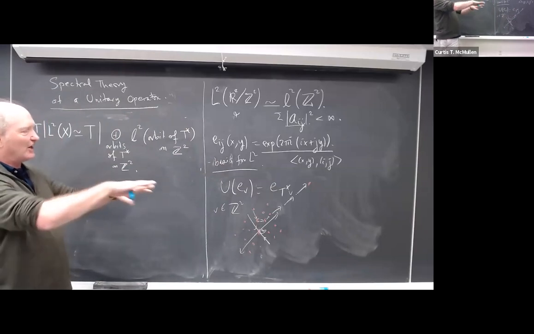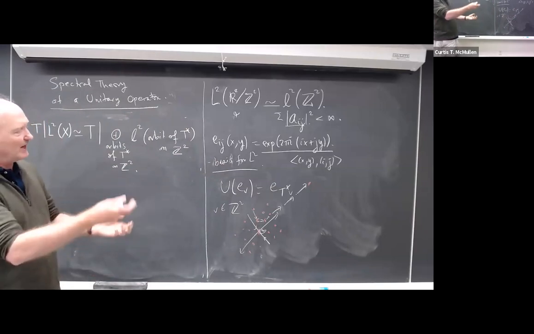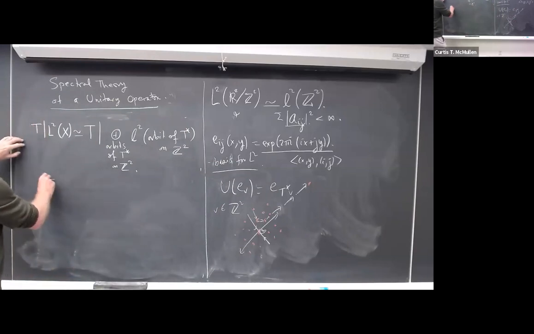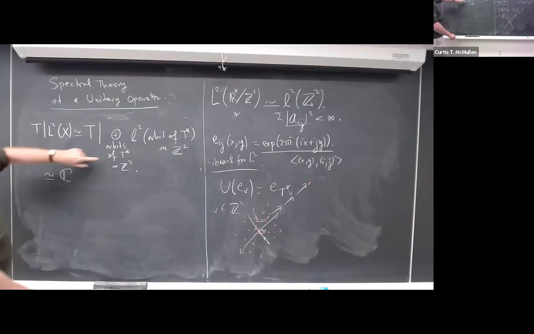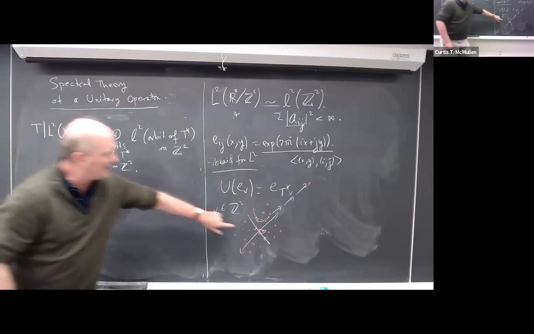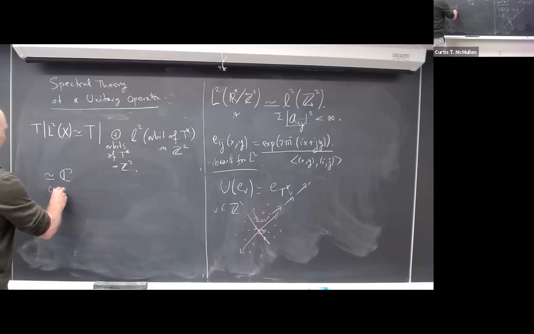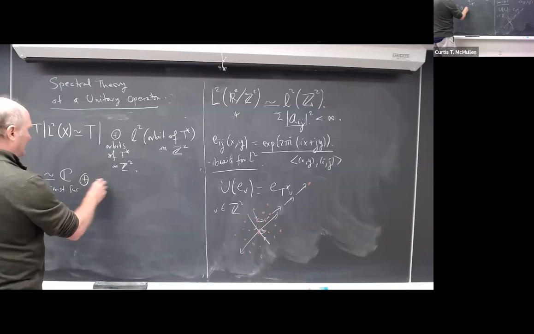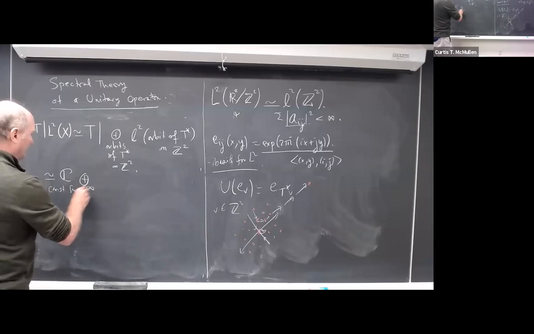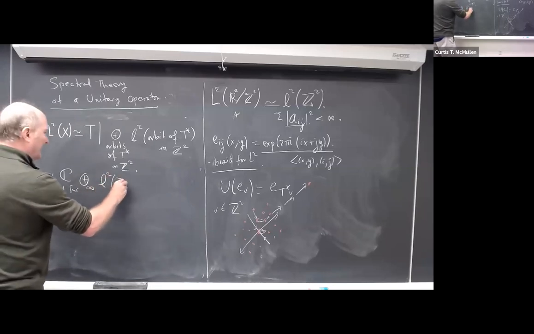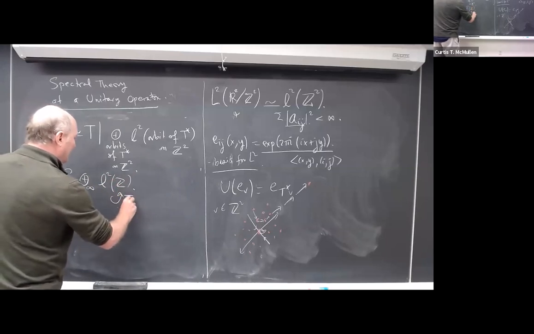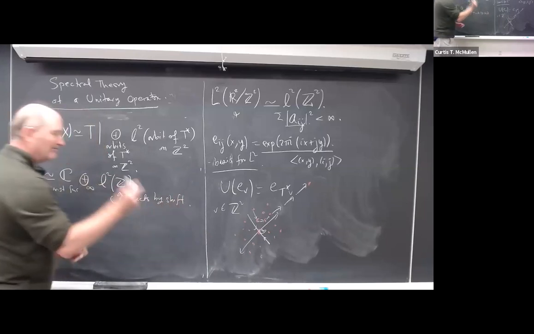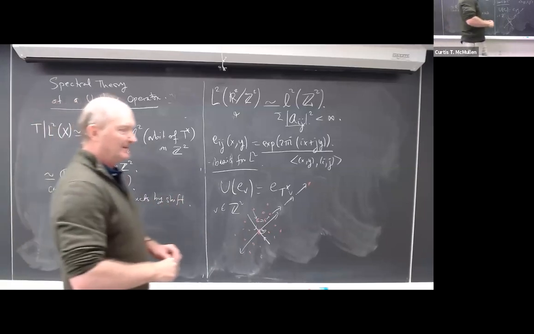In other words, it's conjugate to the action of the shift on little L2 of Z. So this is isomorphic to the constant functions coming from the unique fixed point at the origin, plus countably many copies of little L2 of Z. And on each of these, T acts by the shift. It moves one basis element to the next.